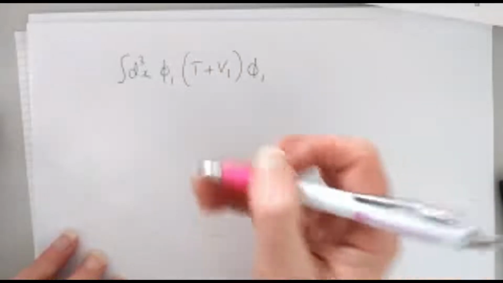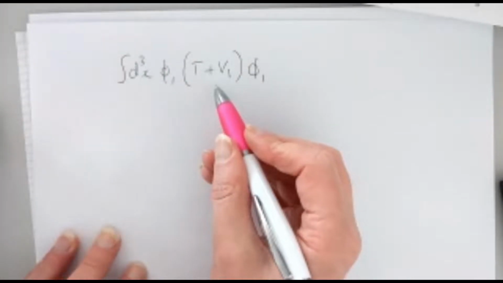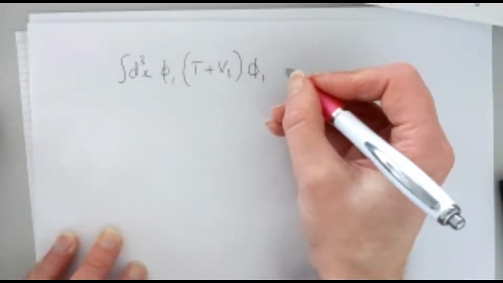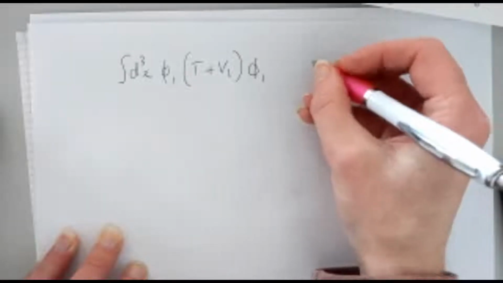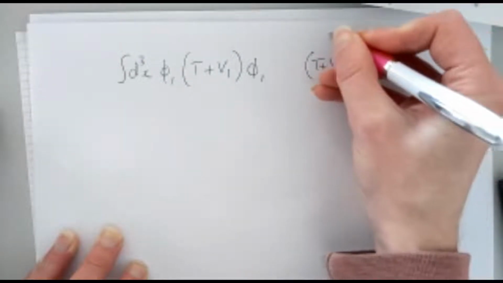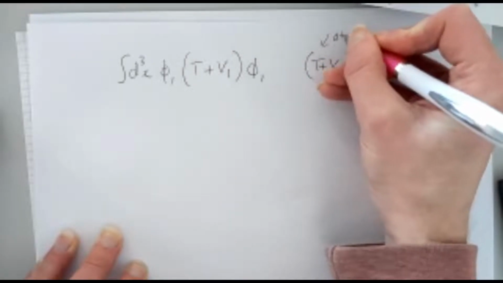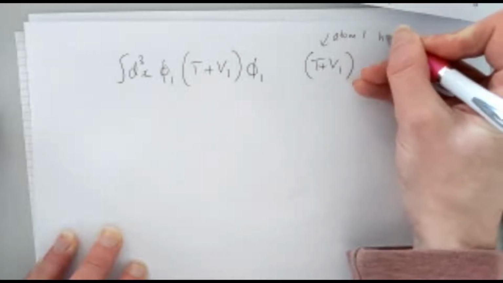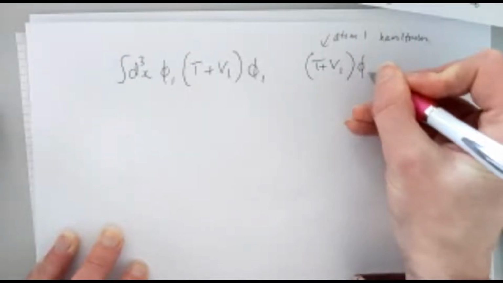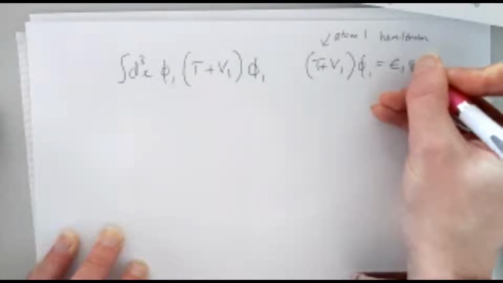I've got my equation here, and we had previously said that the definition of phi 1 is that T plus V1, the atom 1 Hamiltonian, acting on phi 1 equals epsilon 1 phi 1.